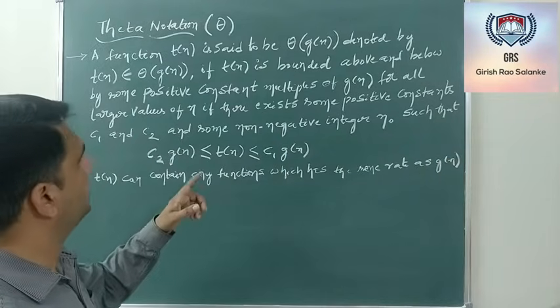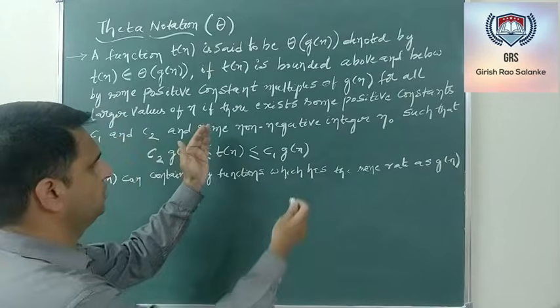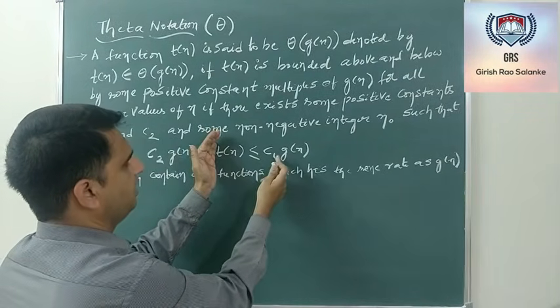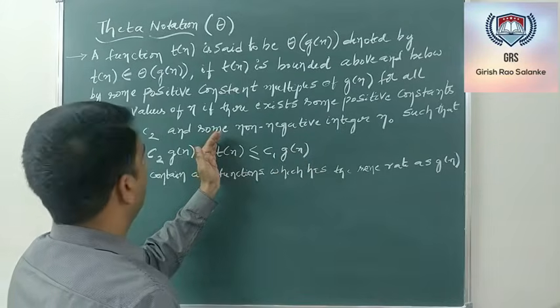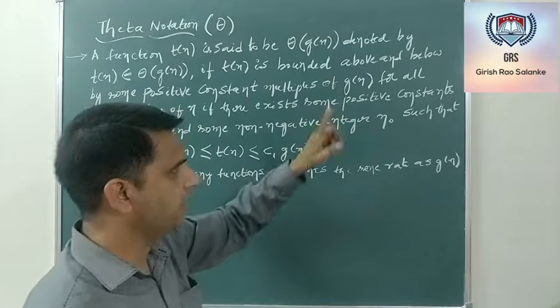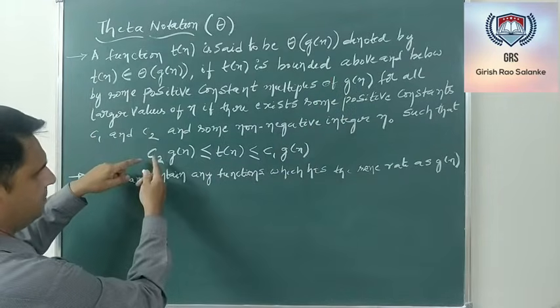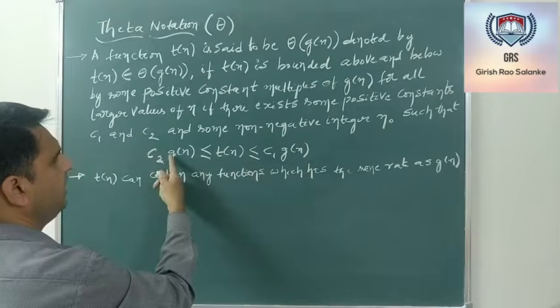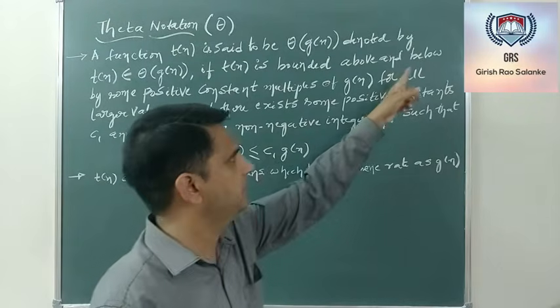In case of big O notation, it was just this part: t of n less than or equal to C1 into g of n. Therefore, in case of big O notation, it was just above. In case of omega notation, it was t of n greater than or equal to C into g of n. Hence, there it was just below.